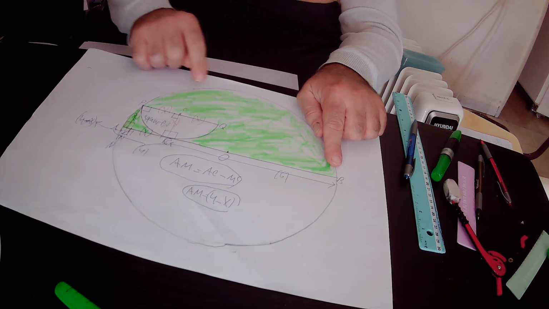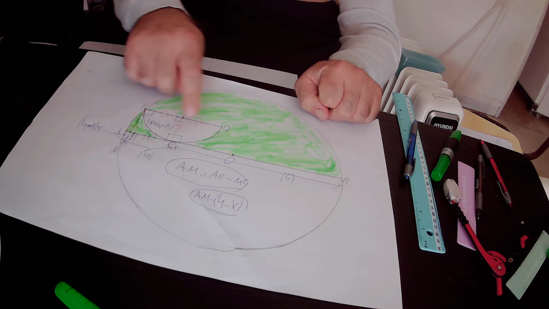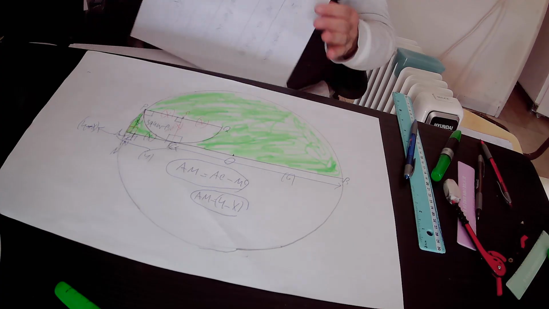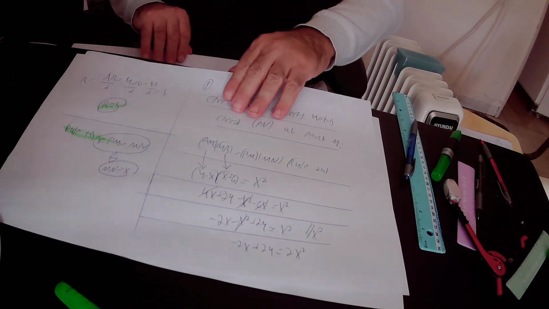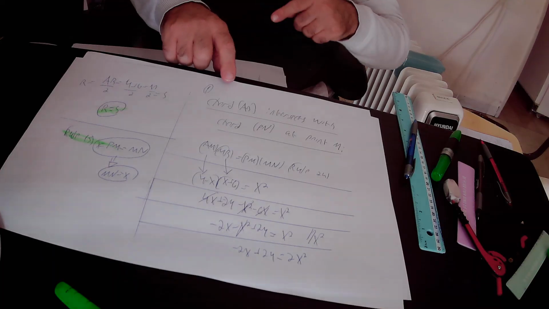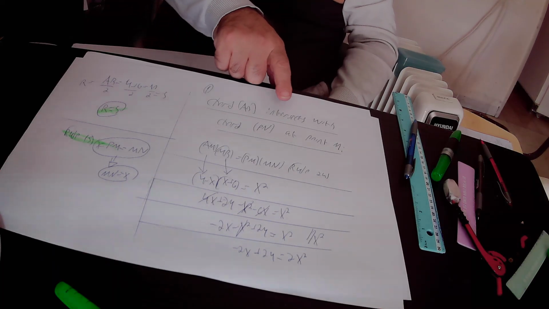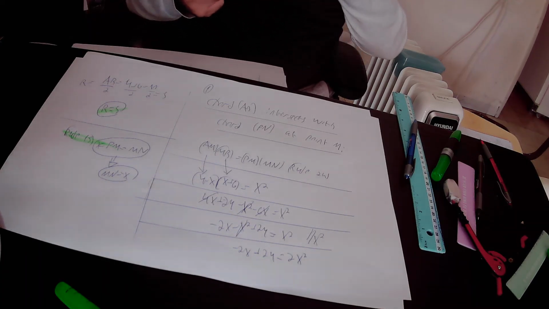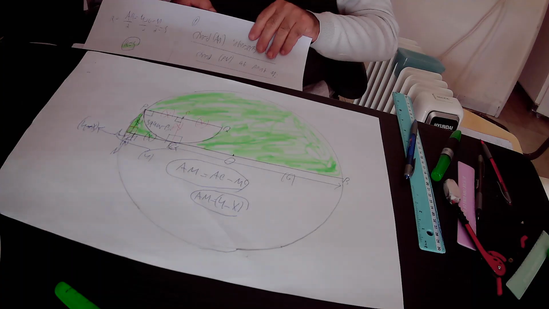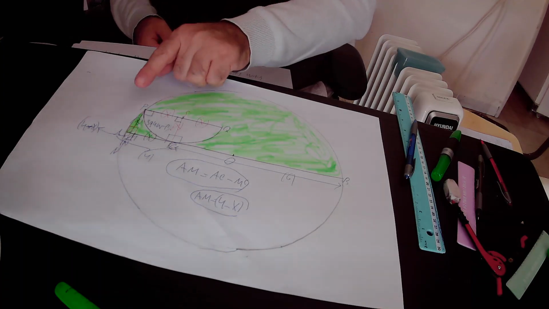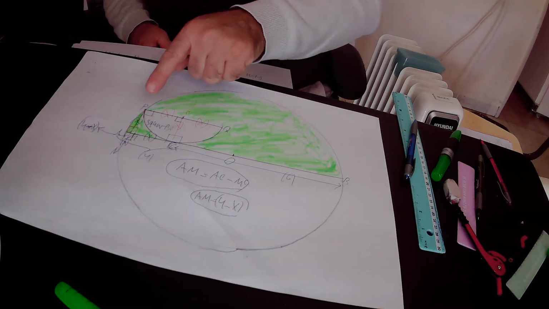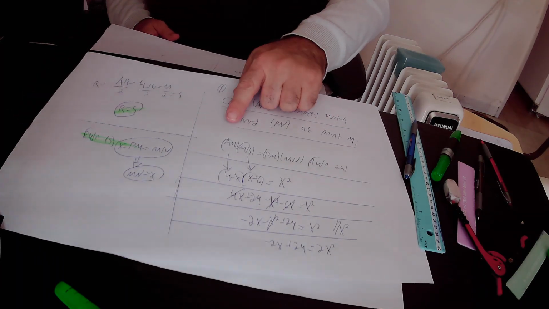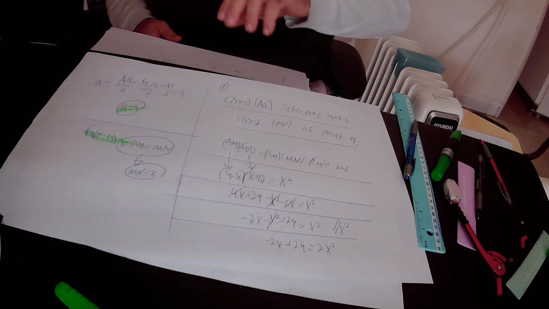Chord AB intersects with chord PN at point M. So all the requirements of rule 24 are satisfied, and therefore we can implement rule 24. According to rule 24, the following equation is true, that AM times MB equals PM times MN.